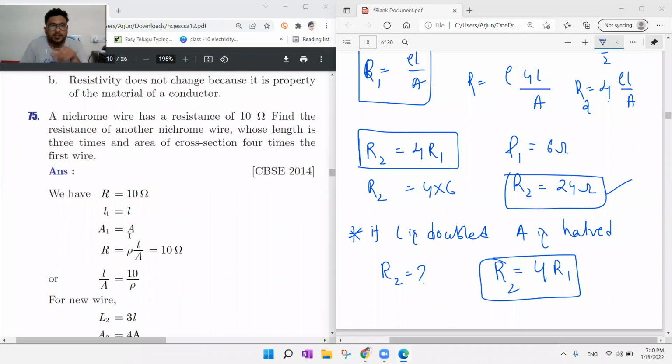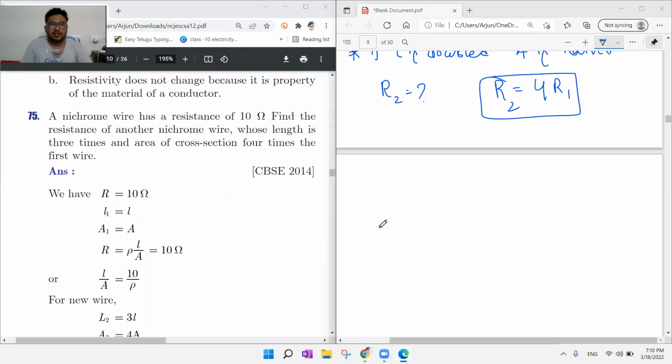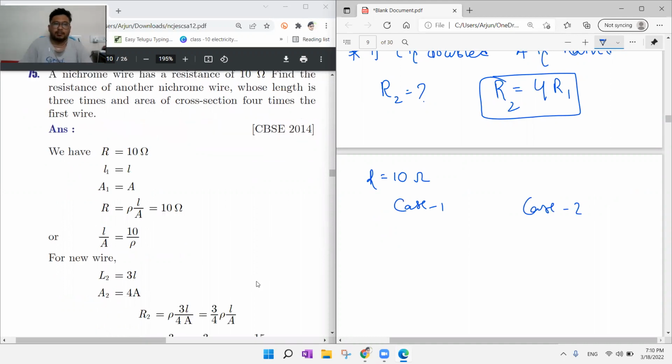Last question in this session. In 2014 they asked, a nichrome wire has a resistance of 10 ohm. So R value is equal to 10 ohm. Find the resistance of another nichrome wire whose length is 3 times, area of cross section is 4 times the first wire. Case 1, case 2. They are using the same material, same nichrome wire.